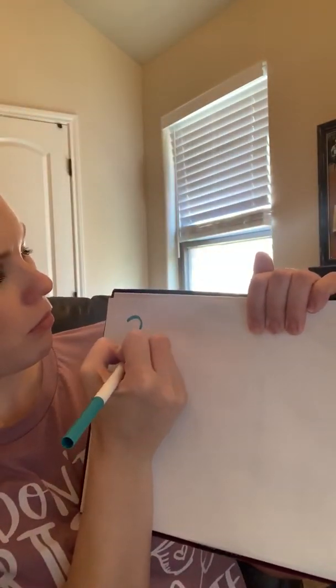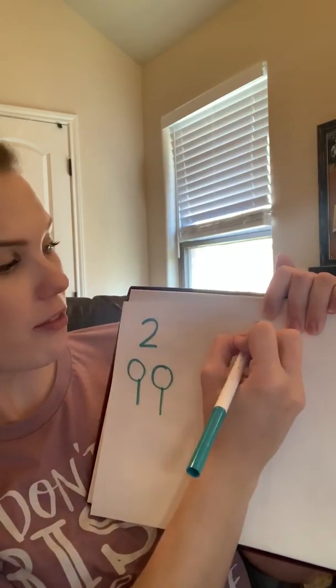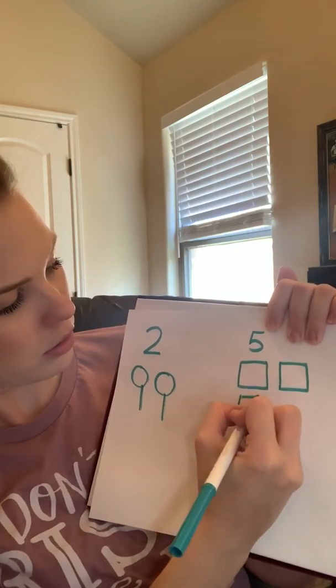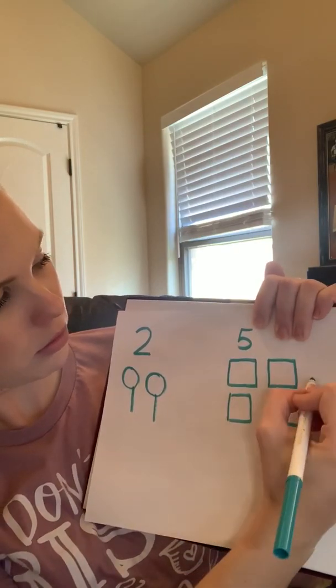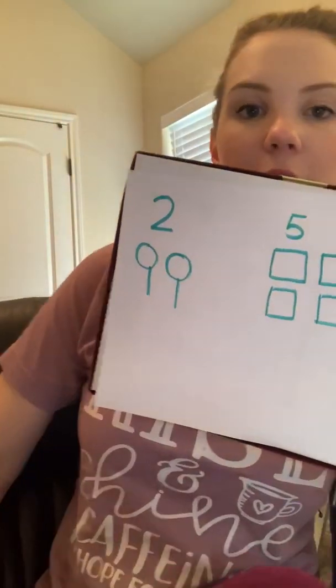So our first step is draw the people, draw the objects. So I have 2 kids and I have 5 brownies, and I'm just going to draw them as squares. So I drew my people and I drew my objects, okay?